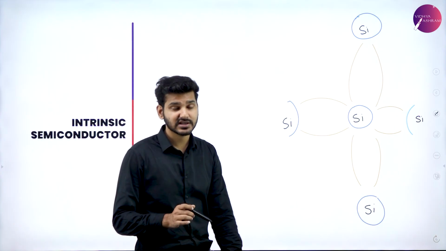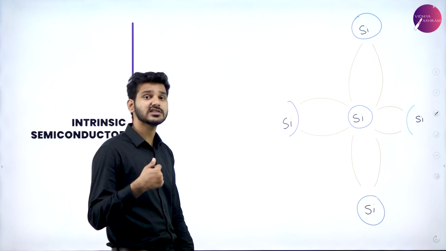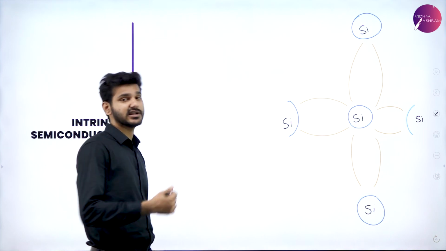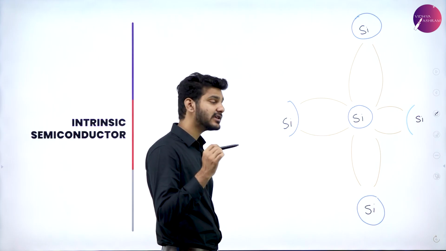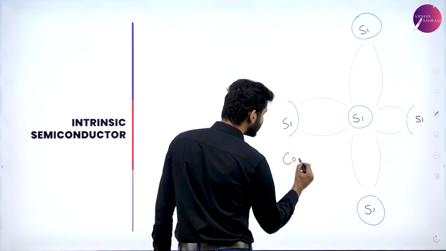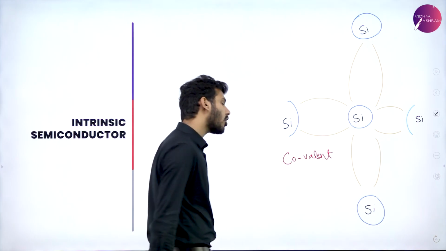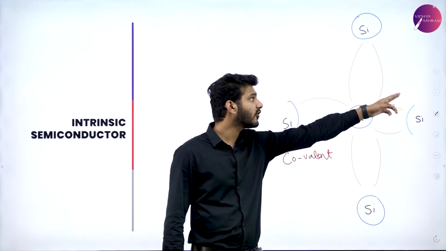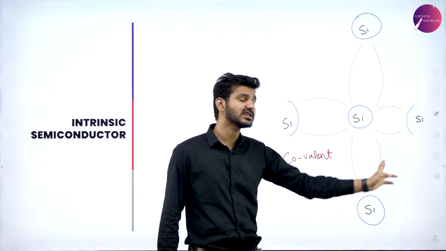Even if it is germanium, even if it is silicon, since it is a 4th group element, only 4 electrons will be available as valence electrons, which means that these 4 electrons will be covalently shared, or simply they will form a covalent bond between the neighboring atoms. So that is why these 4 atoms are covalently sharing the valence electrons.